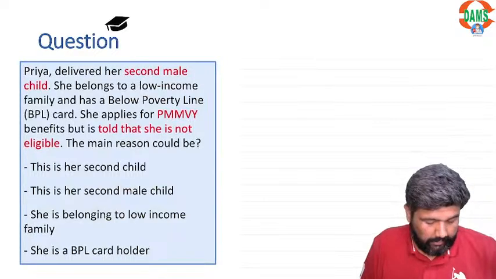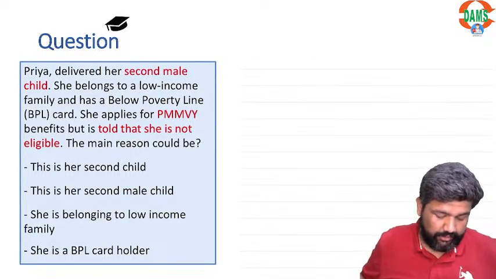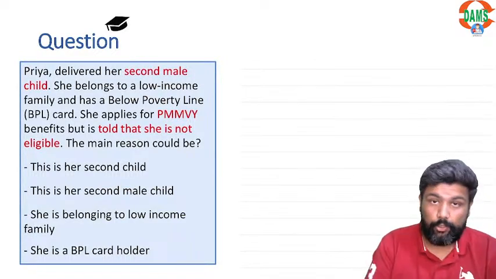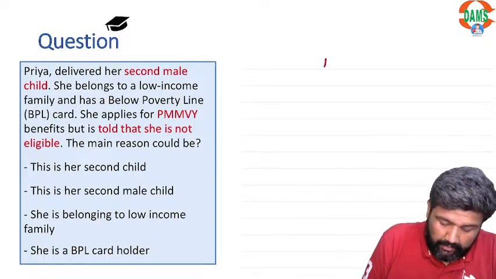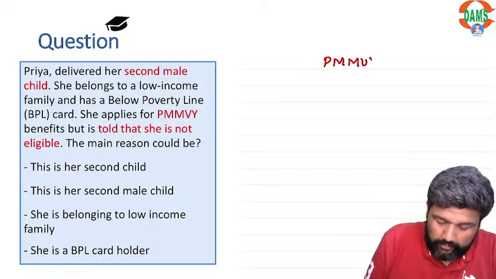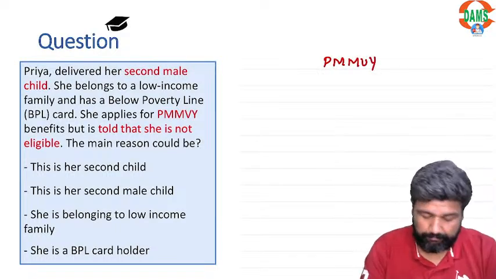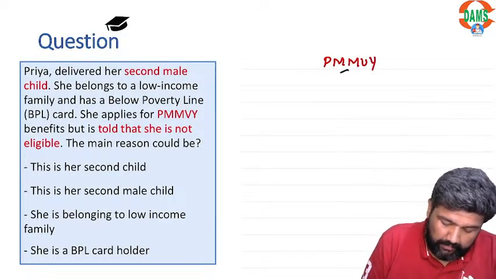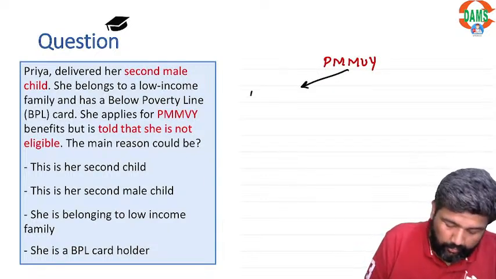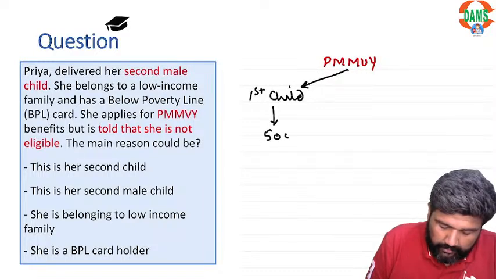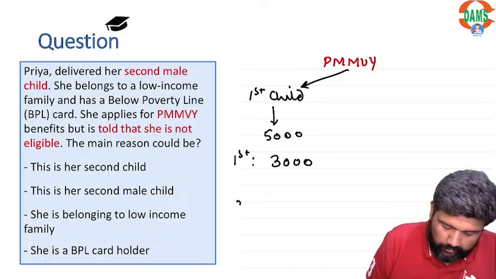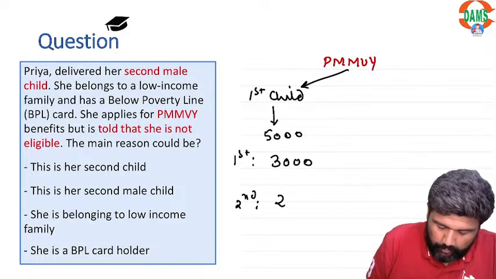Now, Priya delivered her second child and she belongs to a low income, she is BPL. Guys, under Pradhan Mantri Matru Vandana Yojana, this is important. Listen. On first child, we give 5,000 in 2 installments. First installment 3,000, second installment 2,000.